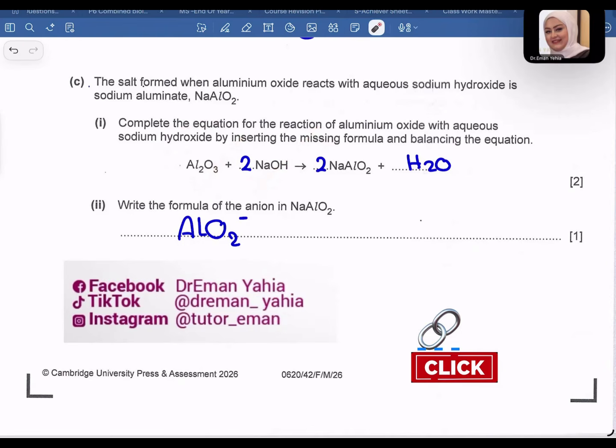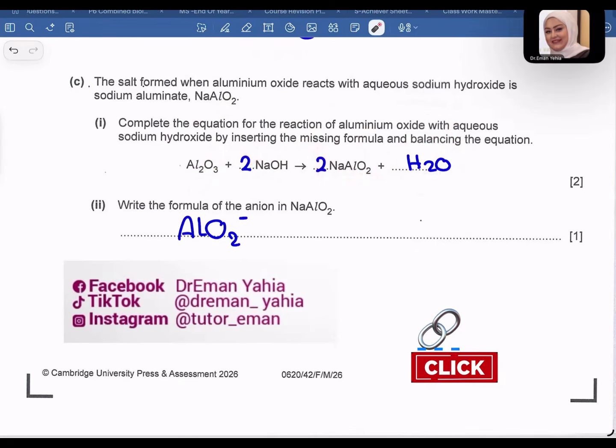Now the salt is NaAlO2 and the other product is water. Aluminium oxide here acts as an acid with a base to form a salt plus water, and then balance the equation. How many sodium on both sides? 1 and 1.